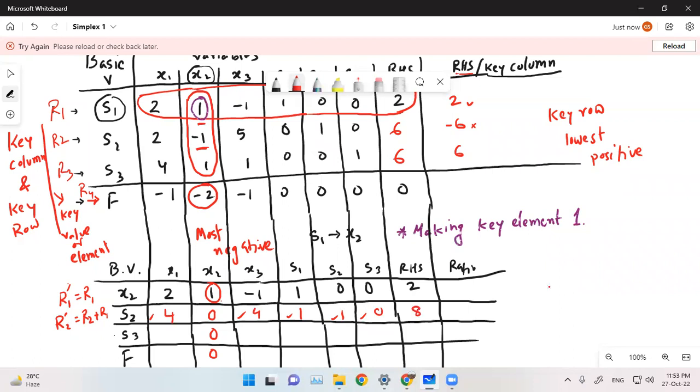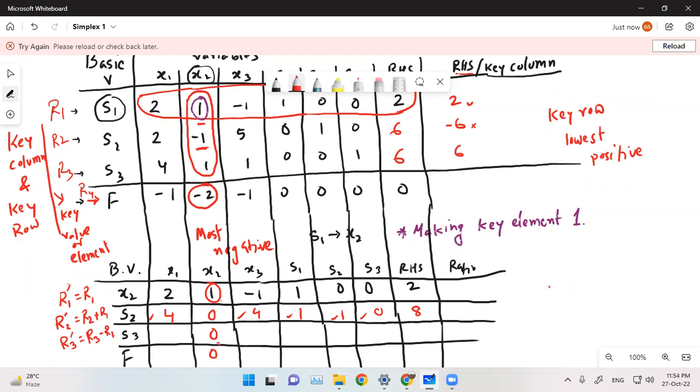Okay, so next, what you have to do for R3 prime to be 0. For R3 prime to be 0, basically, what you have to do is R3 minus R1. So if we do that, R3 minus R1, then this is definitely 0.